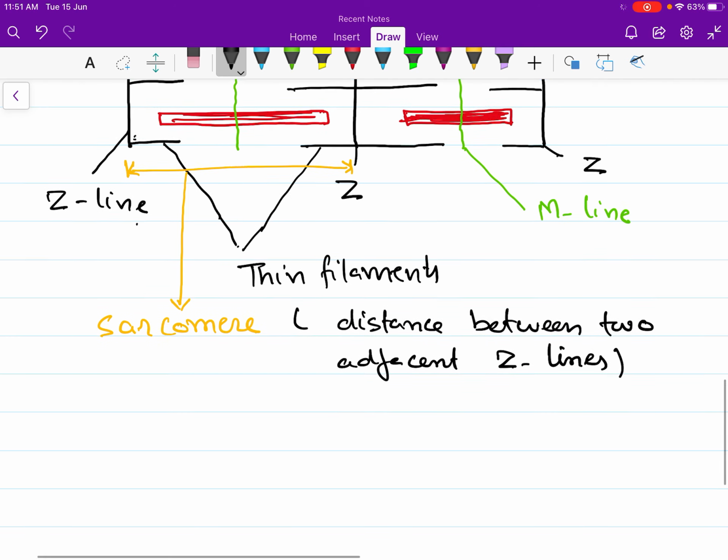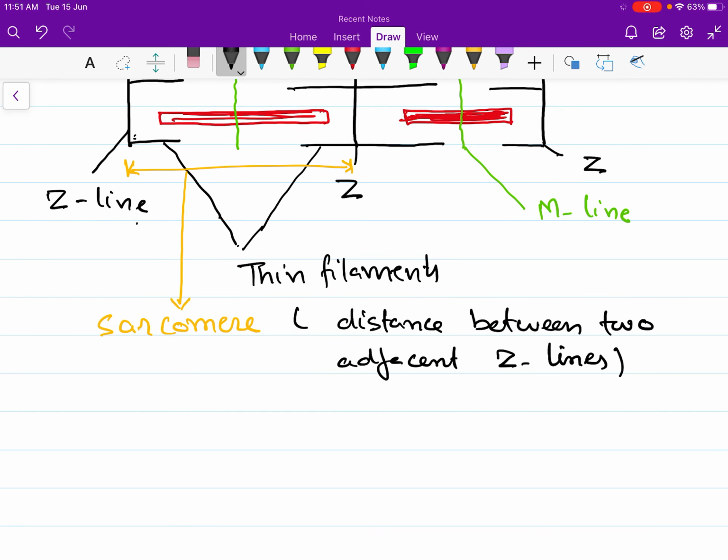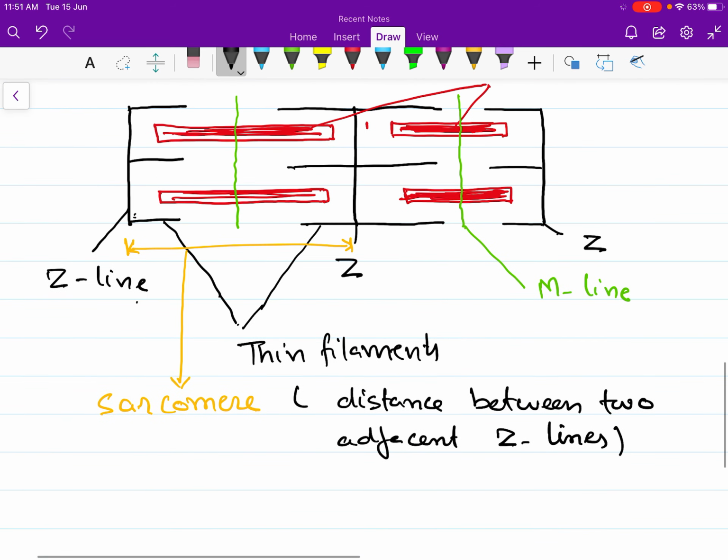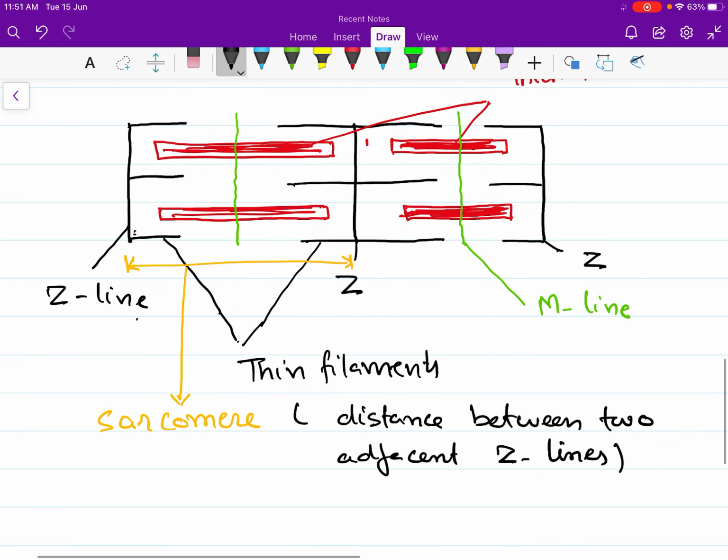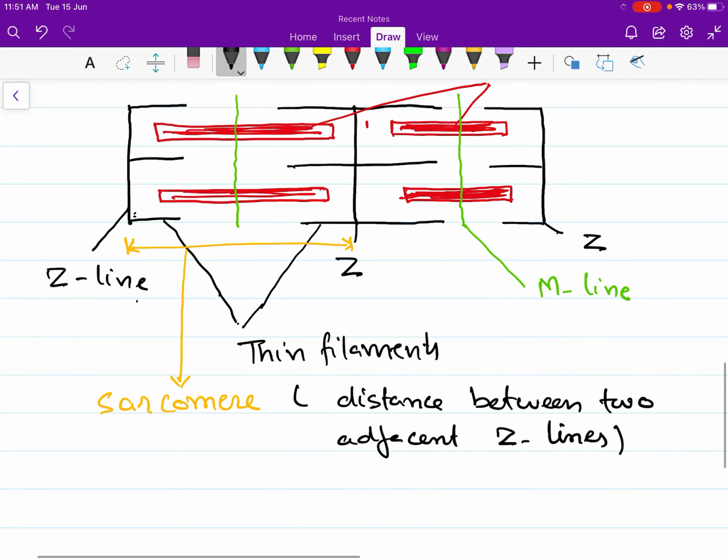The arrangement of these thick and thin filaments gives rise to two types of bands. The first band appears light in color under a light microscope and is therefore called the I band. The I band is that region which consists of only thin filaments.